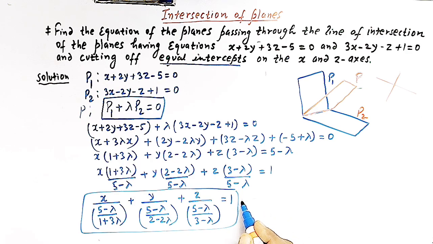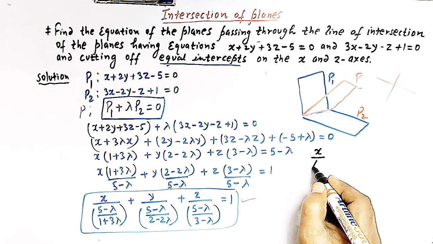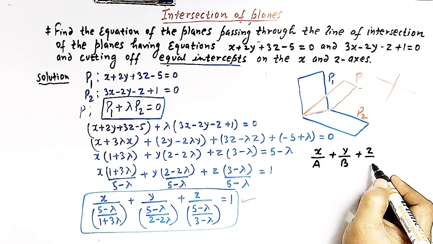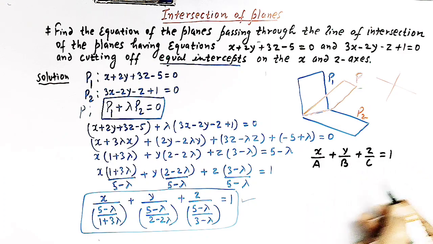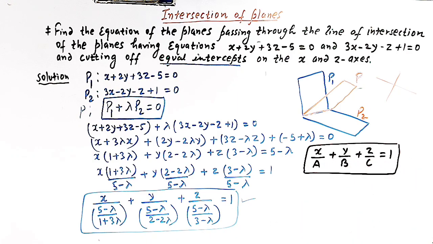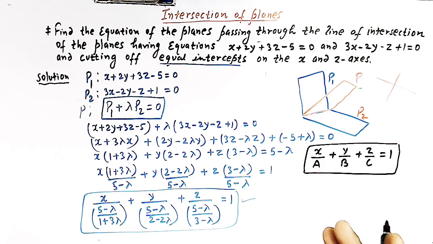The purpose of writing this equation is that we know that the intercept form of the equation of a plane is x/a + y/b + z/c = 1, right? So this equation represents a plane which cuts the intercepts a, b and c on the x, y and z axis.